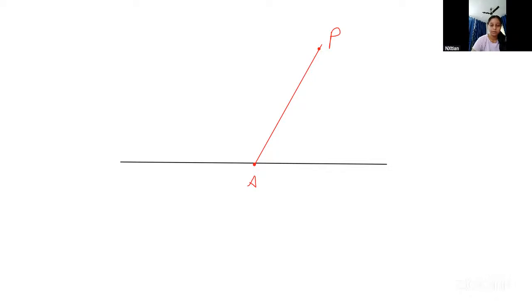Put your compass on point A and make an arc like this. Make an arc. Name this angle 1.